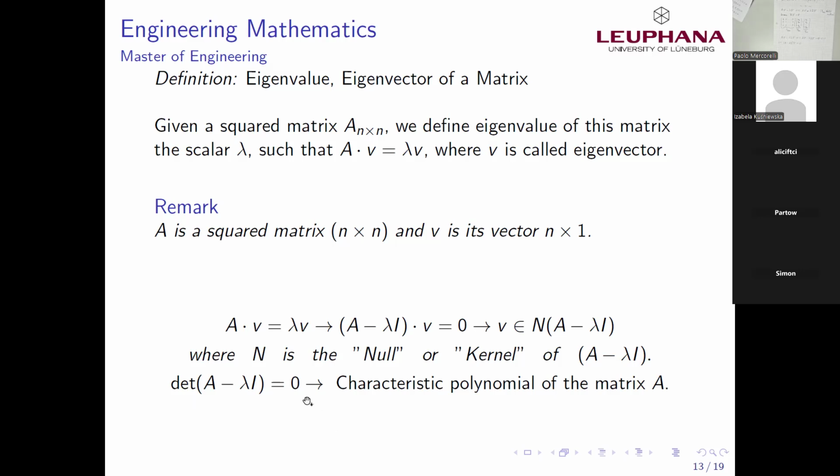Please pay attention, the matrix M is A minus lambda E. Basically, M is parameterized by lambda. Let me do the exercise, and then we will come back on this.